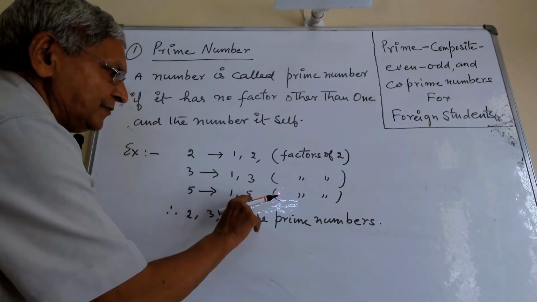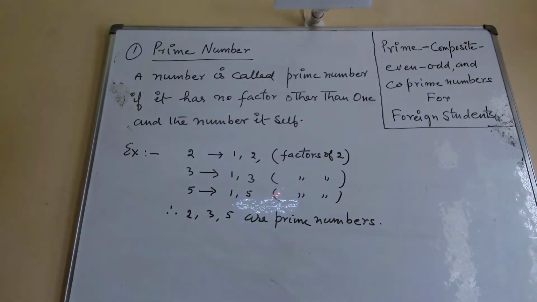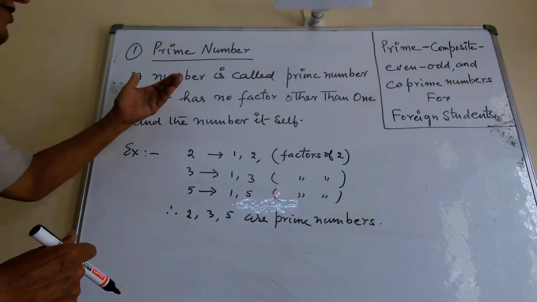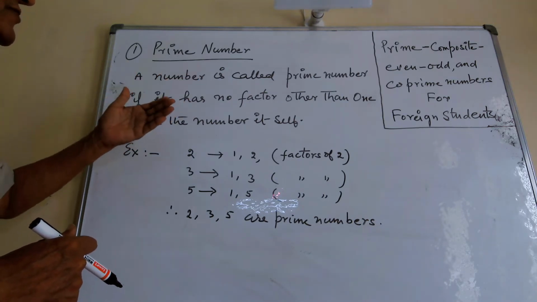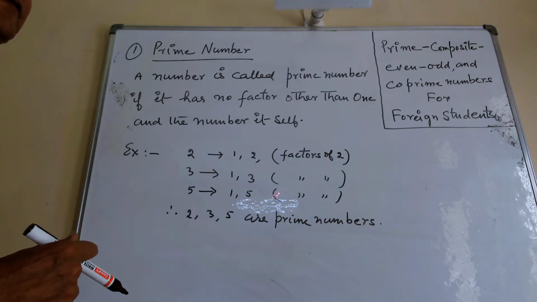That is, 1 and the number itself, as you have seen in these three and so on. So therefore, 2, 3, 5 are prime numbers. This is the definition of prime number: a number is called prime number if it has no factor other than 1 and the number itself.